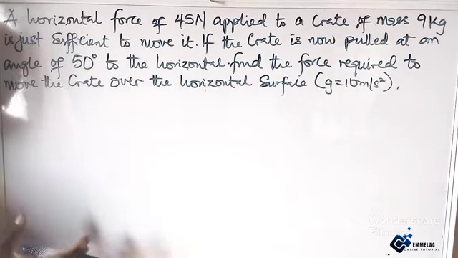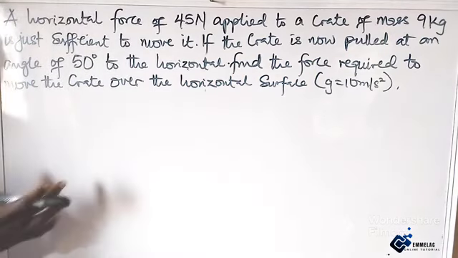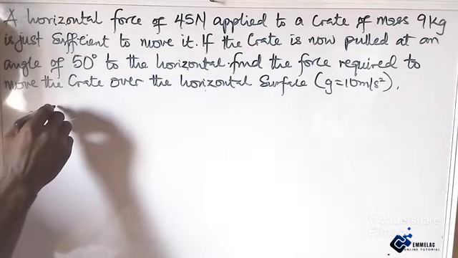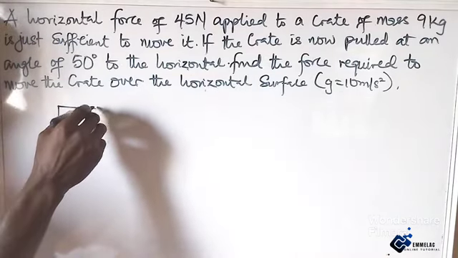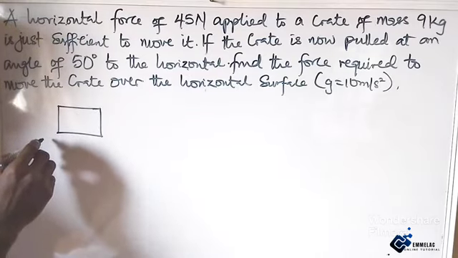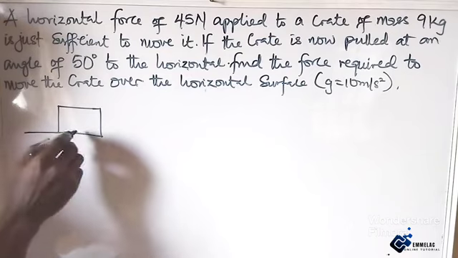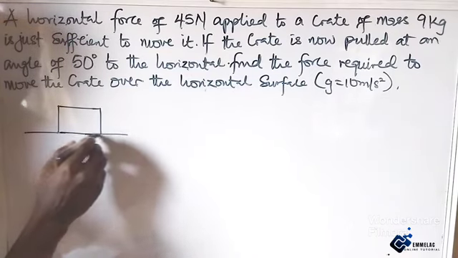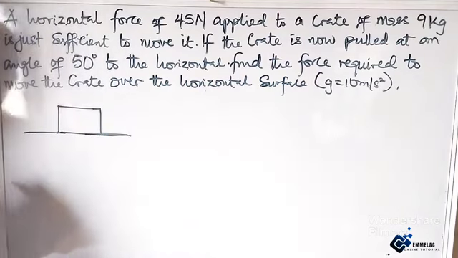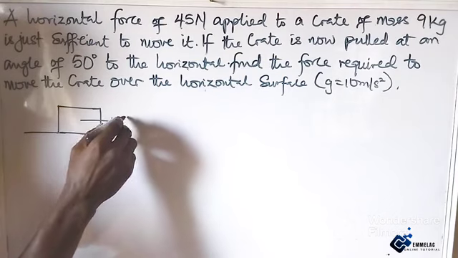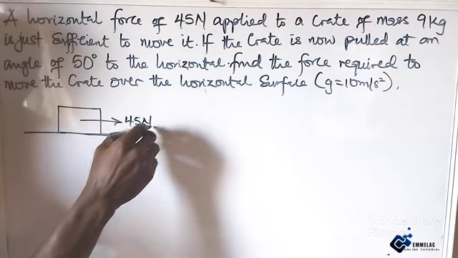All right, now let us give out a pictorial diagram of this. So here we can draw this. Now this is the crate on a surface. And the horizontal force here is what? 45 Newton.